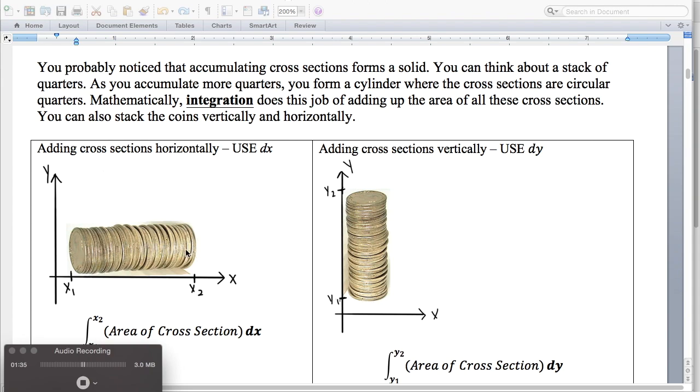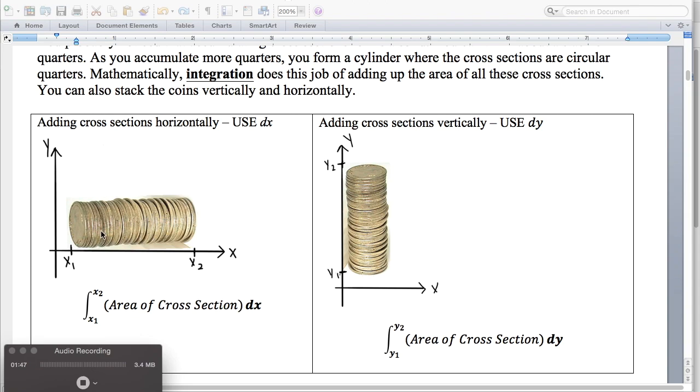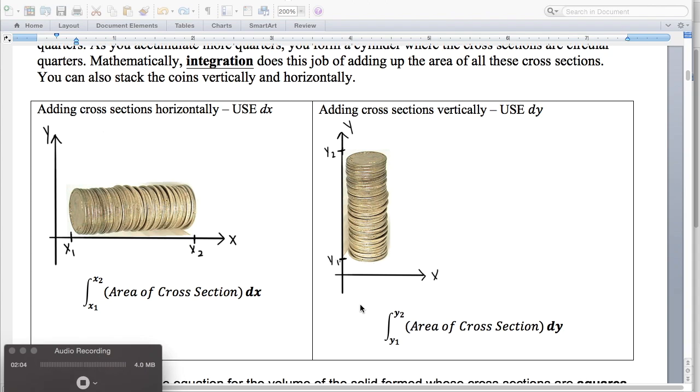There are two ways we can add or stack cross sections. You can do it horizontally, like in this example, and you can also stack the area vertically. In this case, we'll be doing all the integration work with respect to x, so the endpoints should always be the smallest x value to the largest x value, and you do everything with respect to dx.